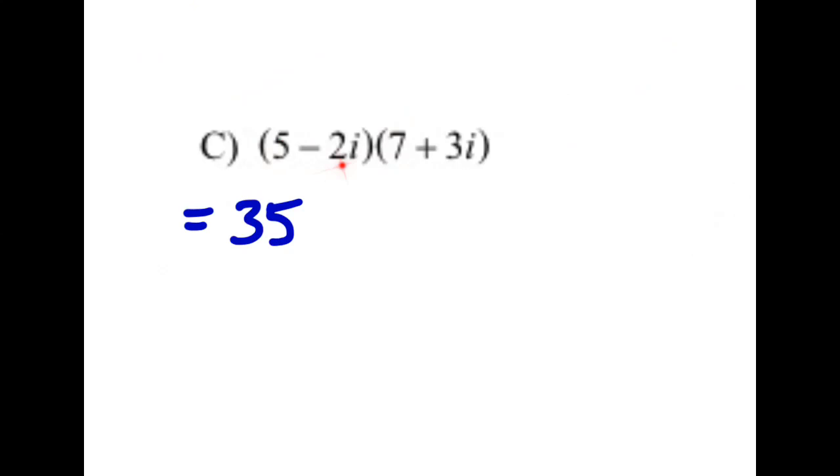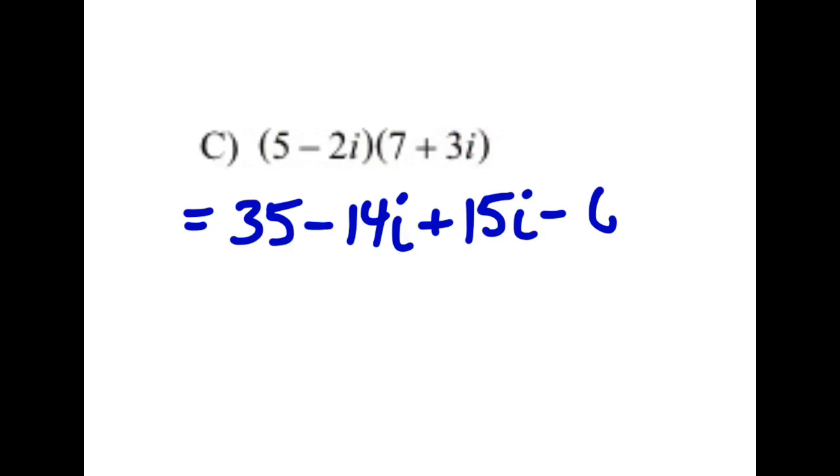And then negative 2i times 7 would be negative 14i. And then 5 times 3i is going to be 15i. And then negative 2i times positive 3i is going to be negative 6i squared.